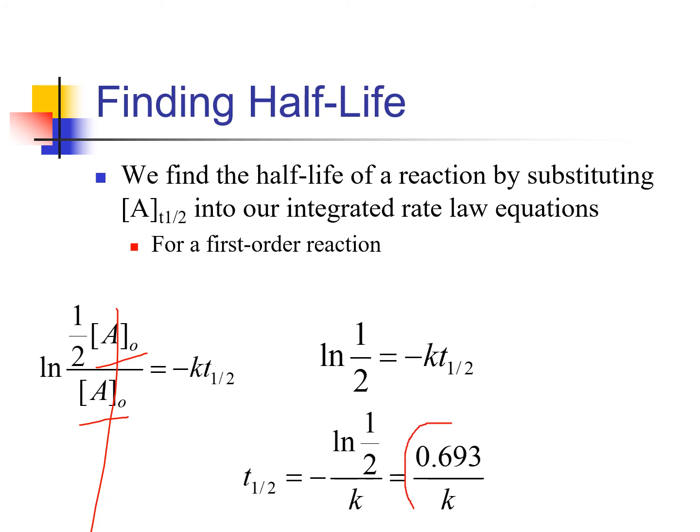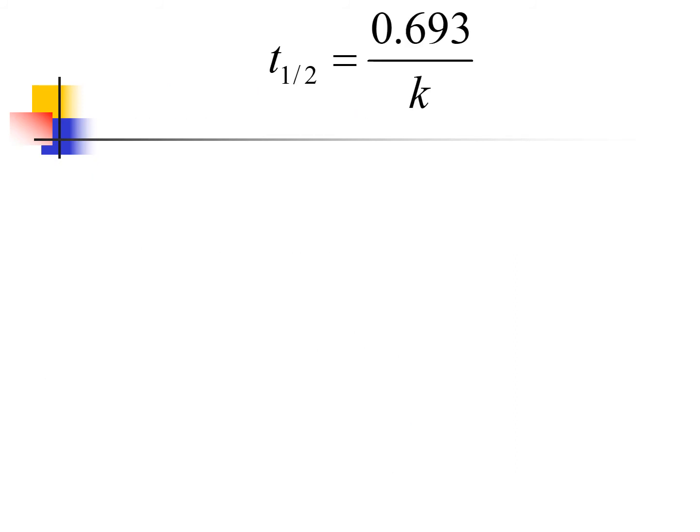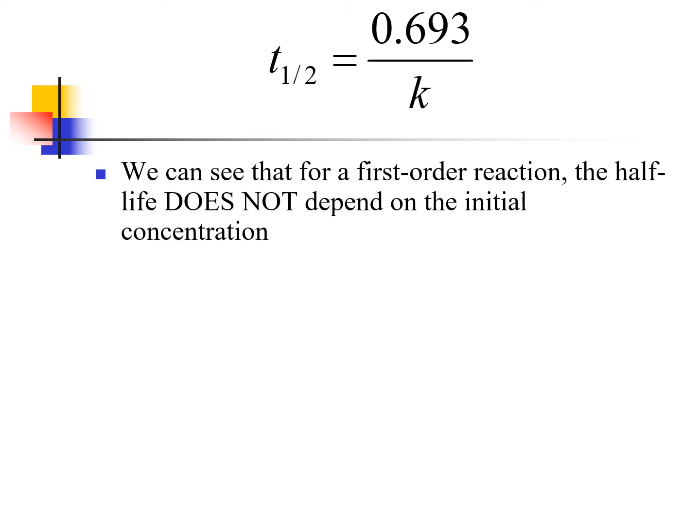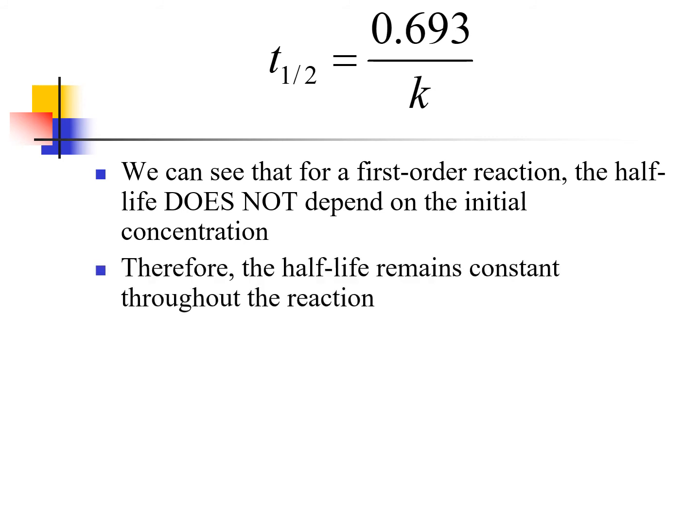So this is actually the equation: the half-life for a first order reaction is always going to be 0.693 over k, k again being our rate constant. We can see from that for a first order reaction, half-life is independent of concentration. It's just 0.693 over k. So for a first order reaction, half-life is constant.